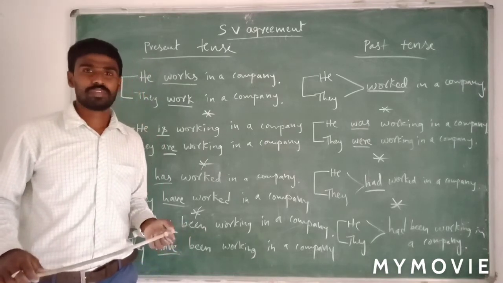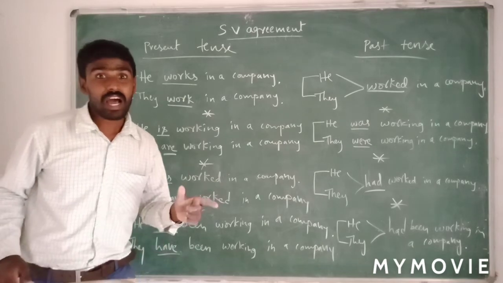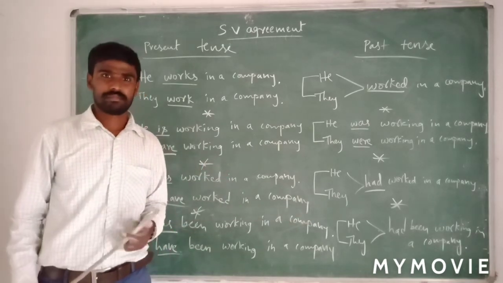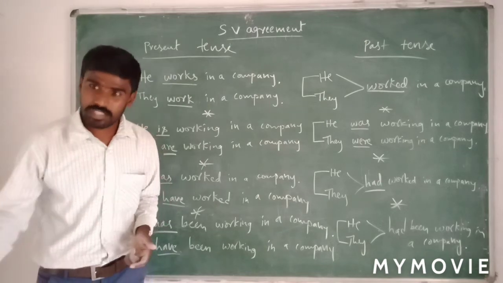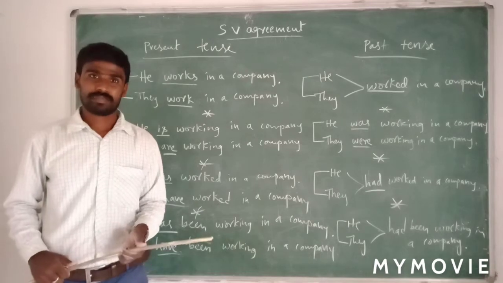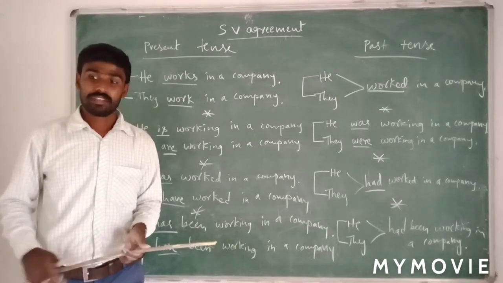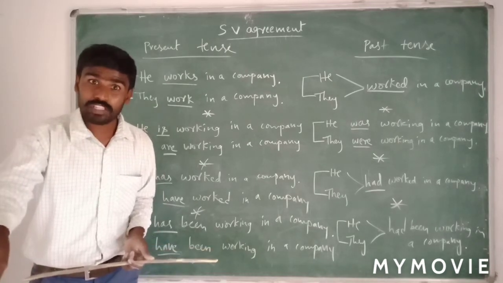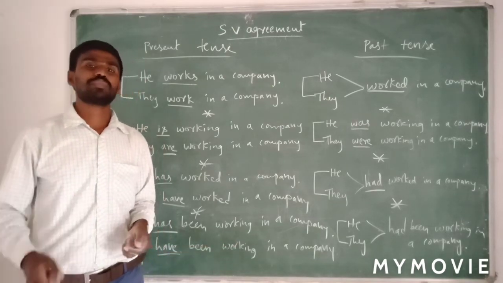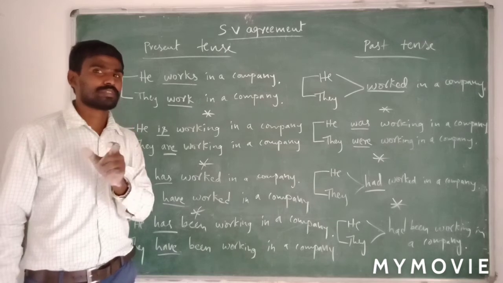Like this you have to use. They are in Bombay. They are my friends. It is good. It is nice. They, plural subject, they are nice. So based on the subject we should use the verbs, right?